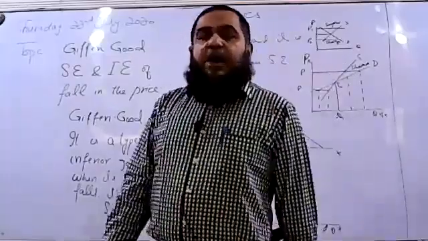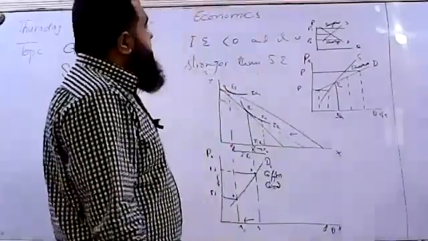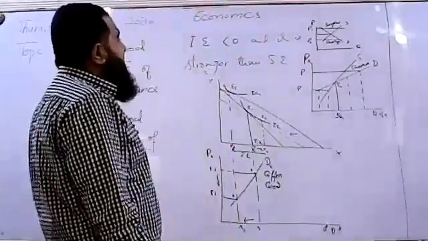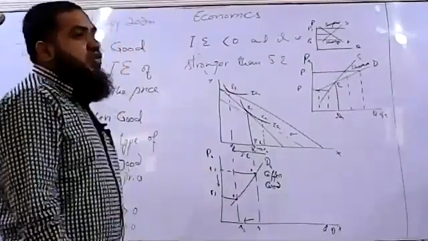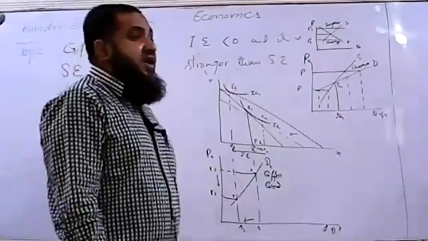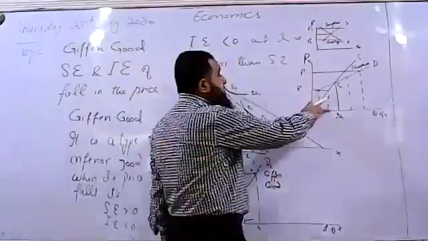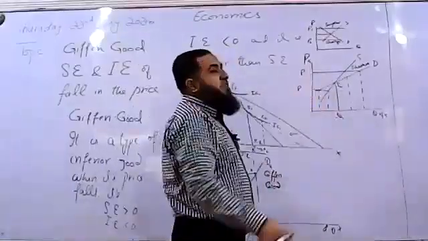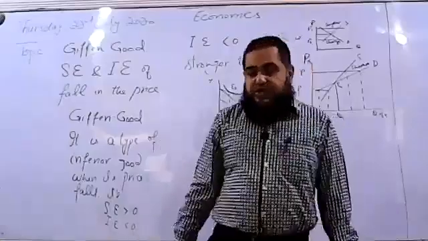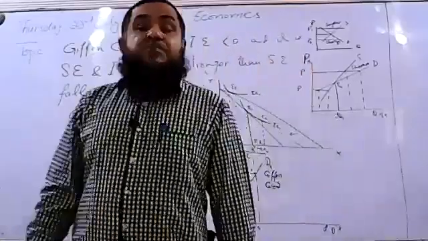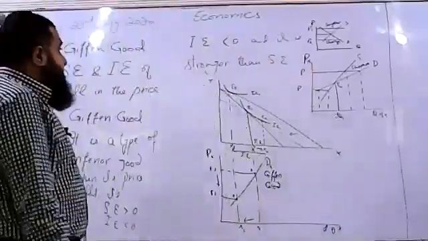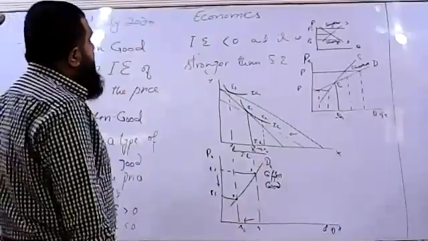Why? Above the equilibrium, there is a shortage, so more consumers are demanding this product than its supply, and the shortage will further increase. Once it is below the equilibrium, there is going to be a surplus, and its price will decrease further, because in case of surplus the price goes further down, and in case of shortage the price goes further up.